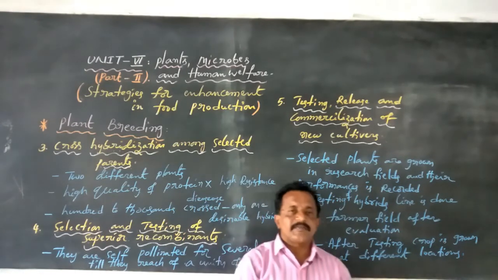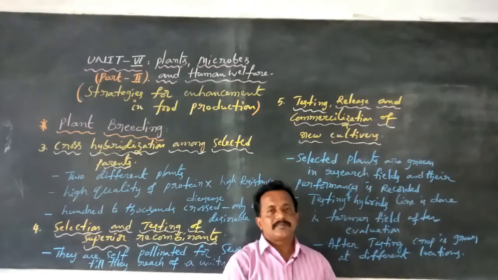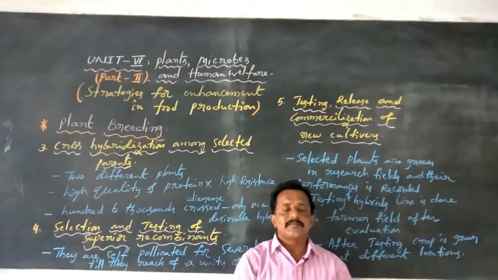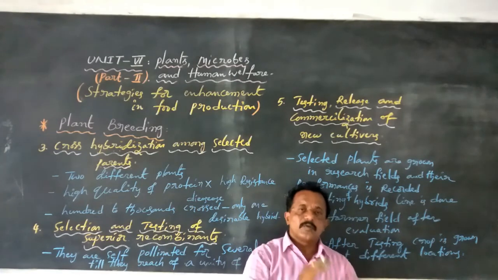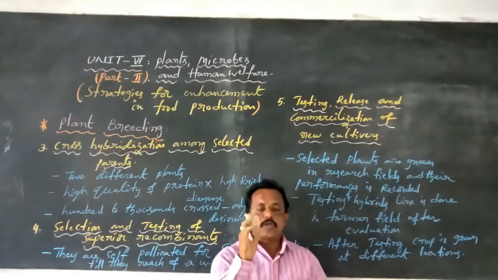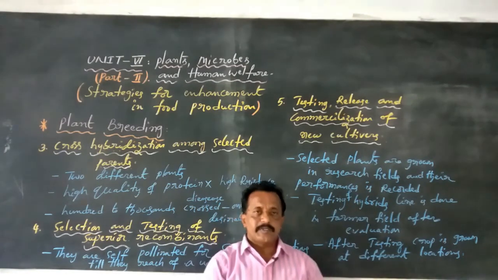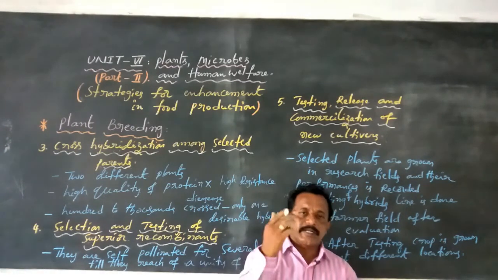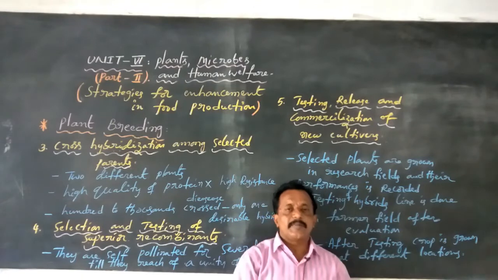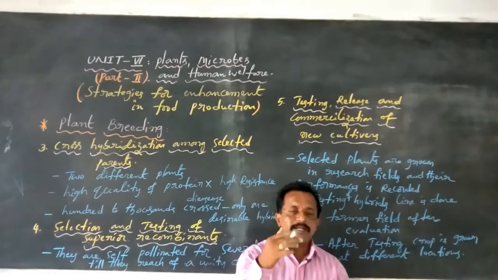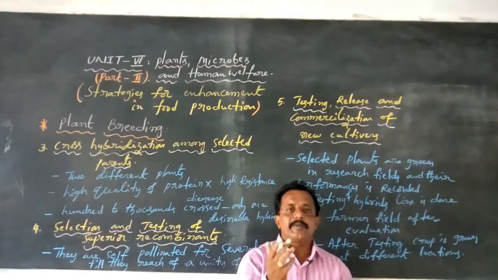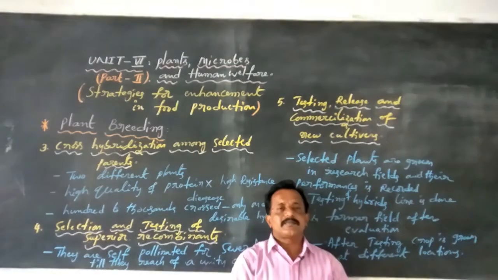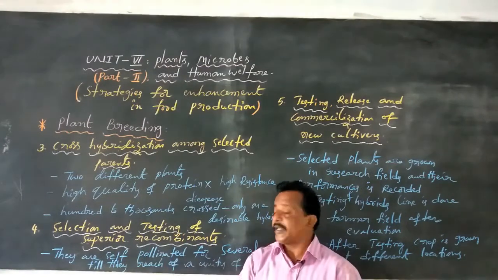These plants will be self-pollinated to obtain pure lines wherever possible and desirable. Next, the two selected plants undergo cross hybridization. Those plants will produce one variety of hybrid plants. This hybrid plant contains both parental characters, that is, superior recombinants.